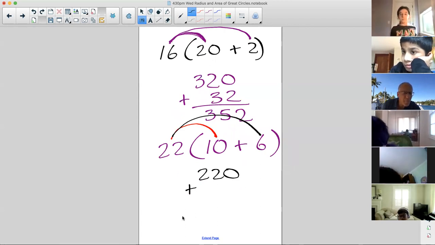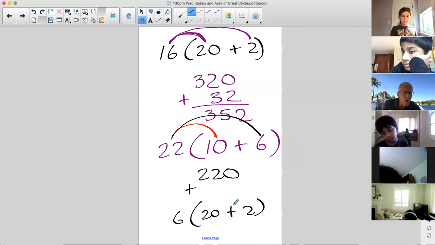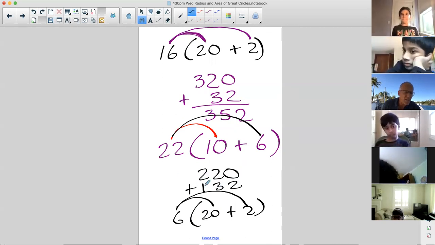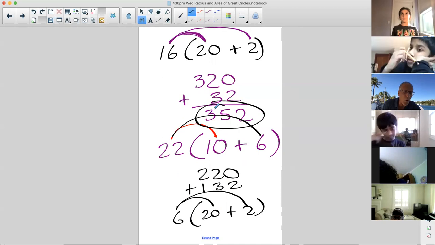You could just use distributive property with 6 times 22. 120 plus 12 is what, guys? 132. And 220 plus 132 is also 352.